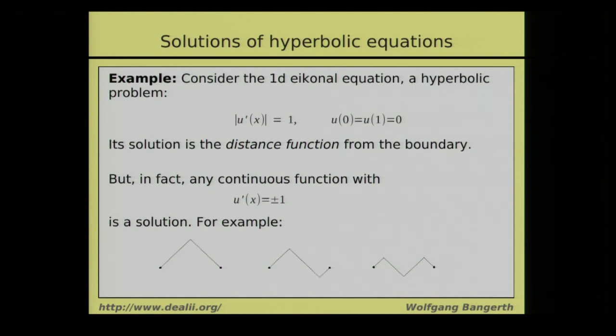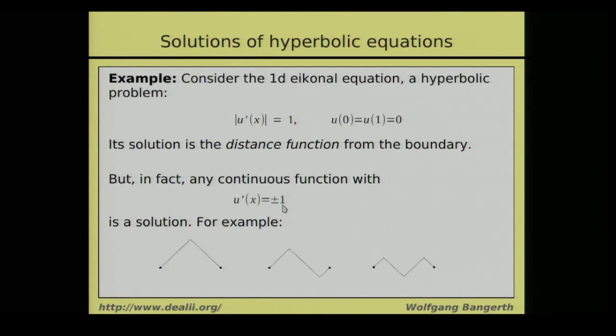We cannot hope for it to be a strong solution. In this particular case, there is a point where the derivative does not exist, so it's at best a weak solution of this problem, but it is a solution. It's relatively easy to see that there cannot be a strong solution. If the function were continuously differentiable everywhere, then u prime would have been equal to either plus 1 or minus 1 everywhere.